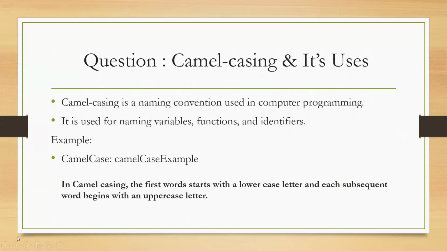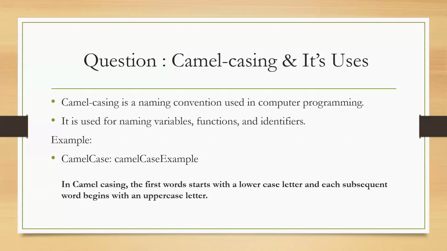Next. The next question is about camel casing and its uses. So what is camel casing? Camel casing is a naming convention which is mainly used in computer programming. It is used for naming variables, functions, and identifiers.